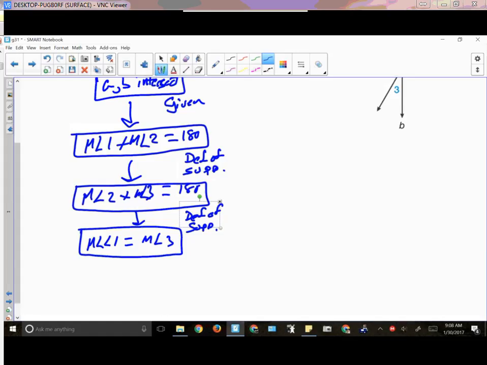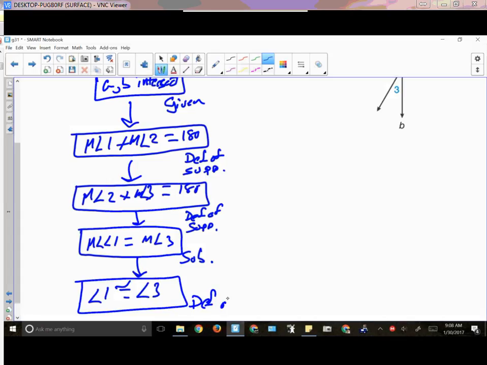Not necessarily, because I don't know that measure 1 is equal to measure 2. Could it be a substitution? Yeah, because I've got angle 2 in both. One says 1, one says 3, so we have to have a substitution that allows for that. So if there's that substitution, then I can say that angle 1 is congruent to angle 3. Definition of congruence.